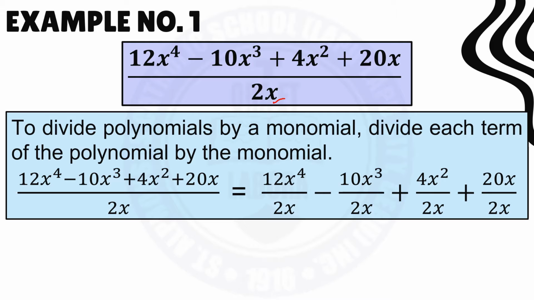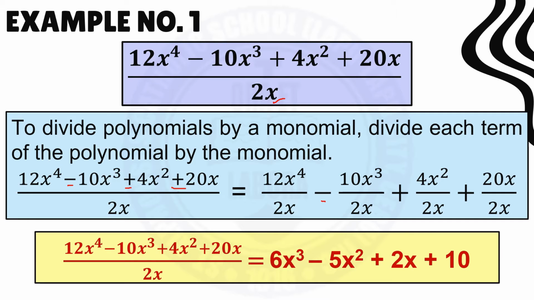Therefore, we will be dividing each term with 2x. So we have here 12x raised to 4 divided by 2x. Copy minus. So 10x cubed over 2x plus 4x squared over 2x plus 20x over 2x.